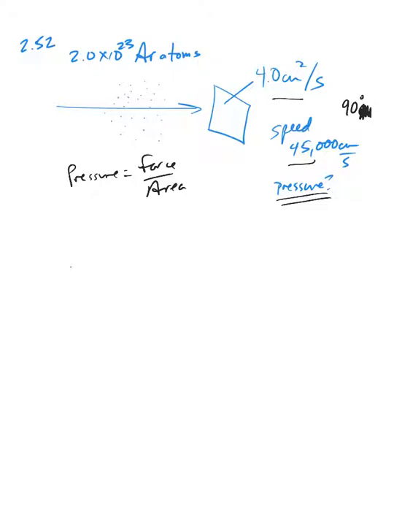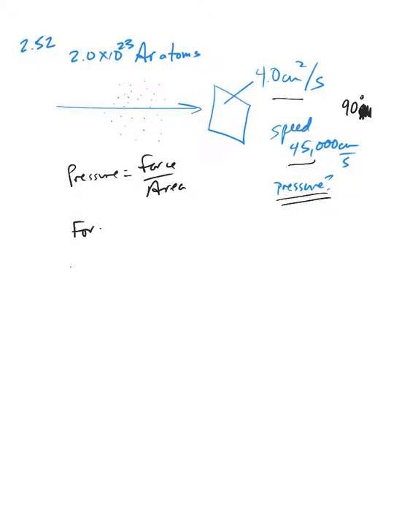It's not hitting at an angle at which you'd have to figure out what component is, let's say, the x direction. But if you look in your text, there's a very elegant derivation of how pressure can be derived from individual collisions.